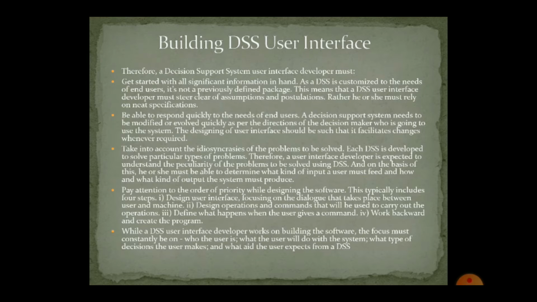Third, define what happens when the user gives a command. And fourth, work backward and create the program. While a DSS user interface developer works on building the software, the focus must constantly be on who the user is, what the user will do with the system, what type of decision the user makes, and what the user expects from a DSS.